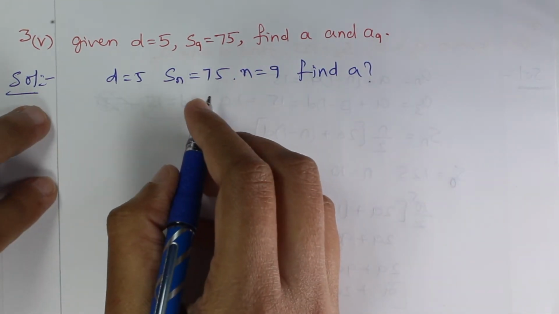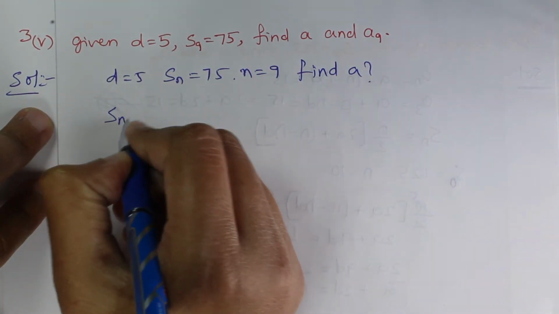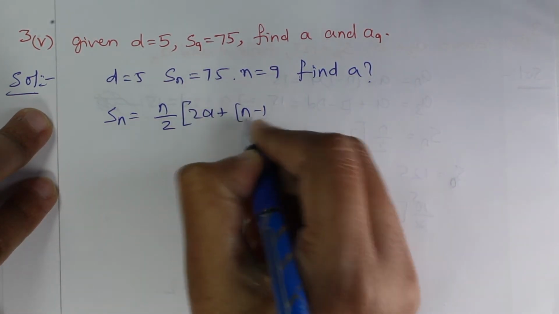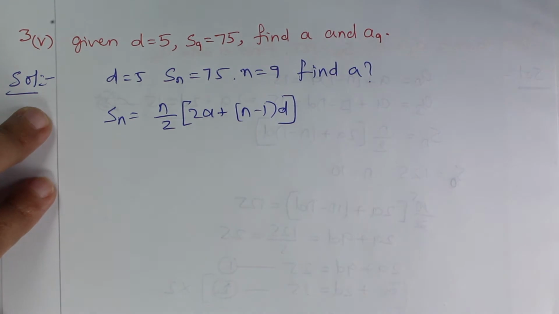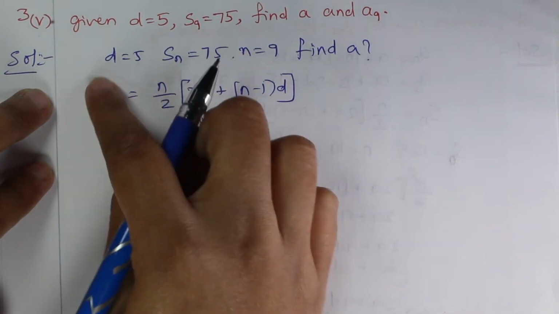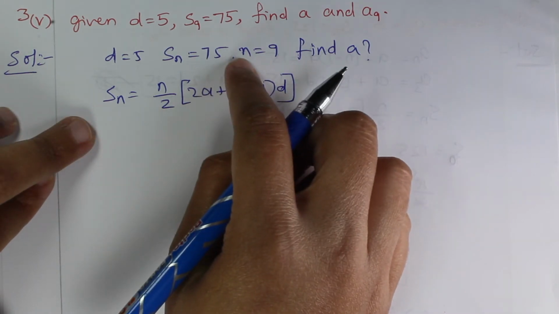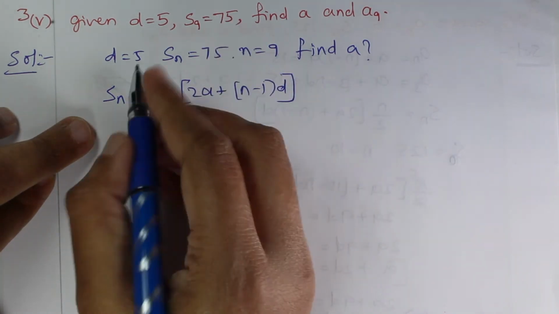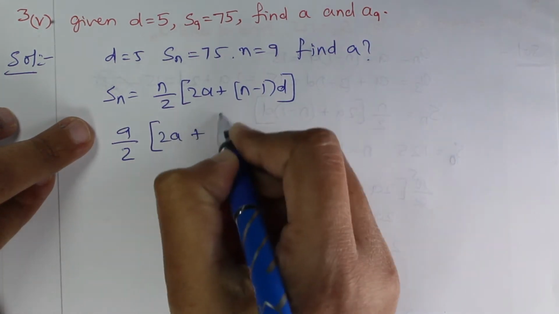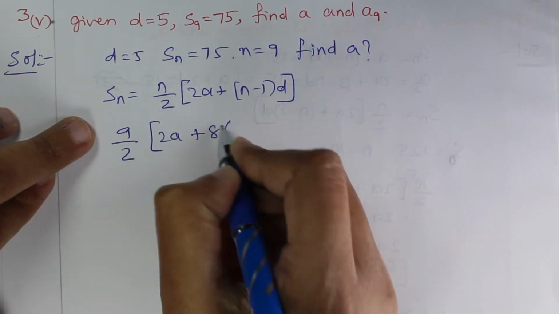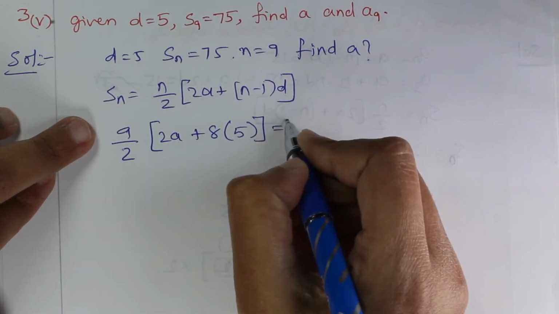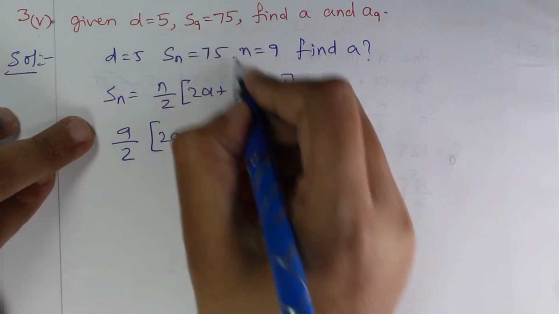In order to do that, we will use the formula Sn is equal to n by 2 into 2a plus n minus 1 into d. So this is the equation we are going to use for solving this problem. n is 9, so 9 by 2 into 2a plus 9 minus 1, which is 8, into d is 5, is equal to, what is S9? 75.